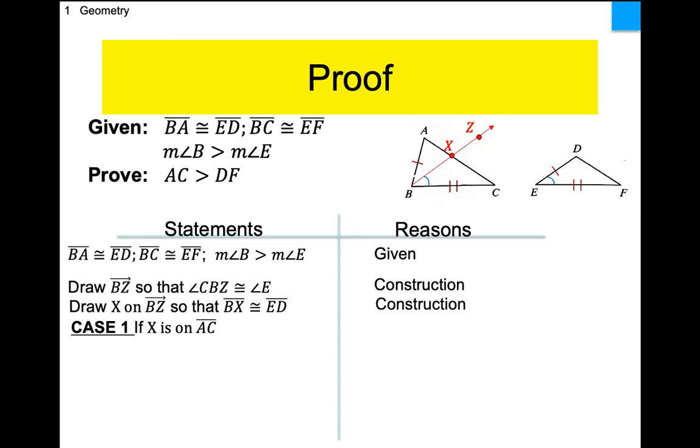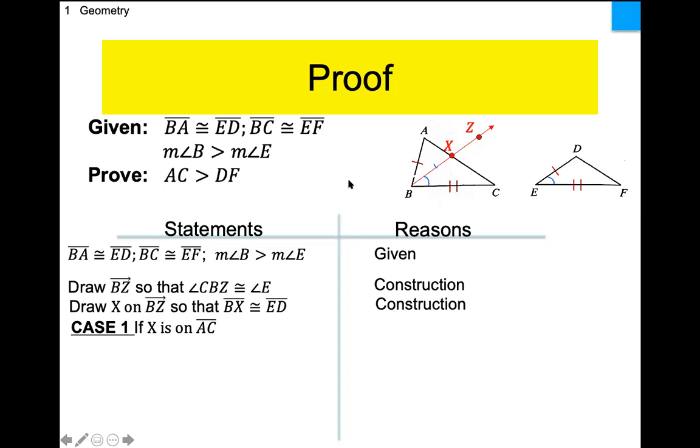All right, that's the first one. So if X is on AC, clearly we got a different triangle here. And notice that triangle would give me an immediate SAS, because remember, I made BX so that it would be congruent to ED. I should only put one tick mark. So therefore, triangles XBC and DEF are congruent by SAS.